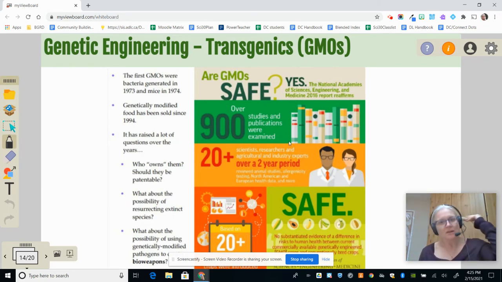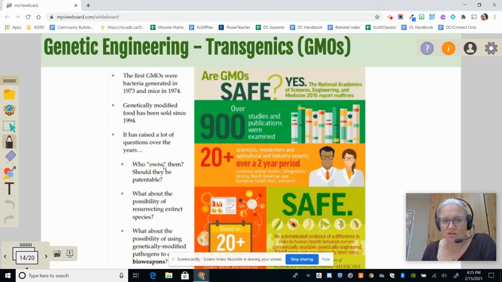So by safe, though, what are they looking at? I believe in this case they were looking at risk to human health. Okay, so it's really important to look at what the question is and who the question affects, and to ask as many questions as you can about the question that they're studying. So are GMOs safe? They're saying all these studies, over 900 studies, say that they're safe for human consumption. But there are a lot of other pieces to the GMO puzzle.